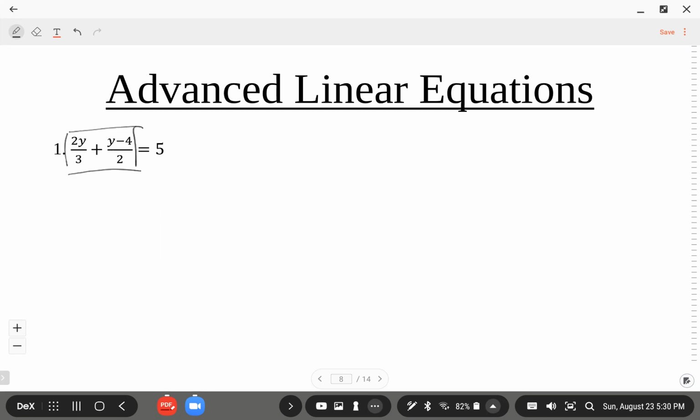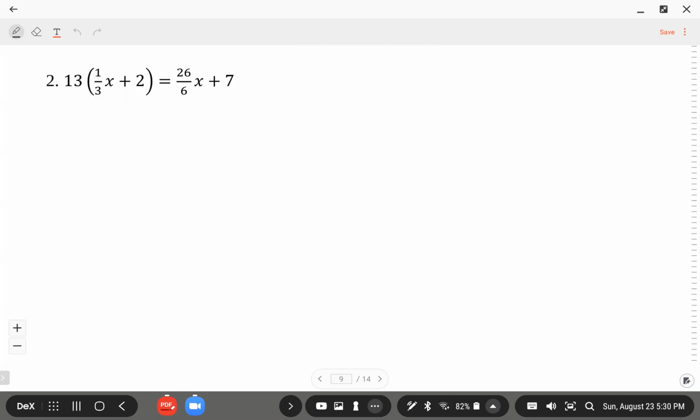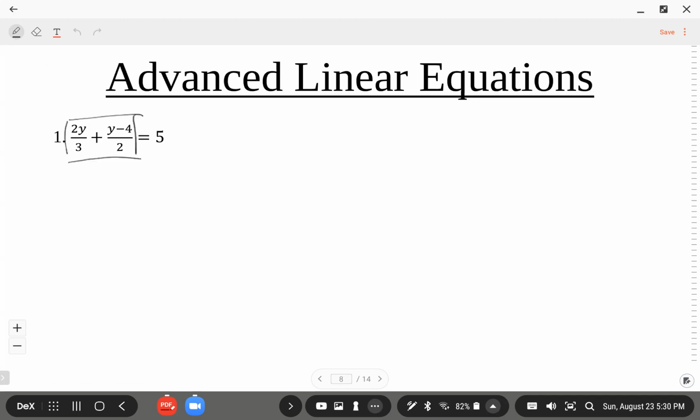We started solving simple linear equations, but now we have two fractions. So these problems are a bit more advanced, and so you might have a harder time to solve them, but we will be using the same concepts, okay?